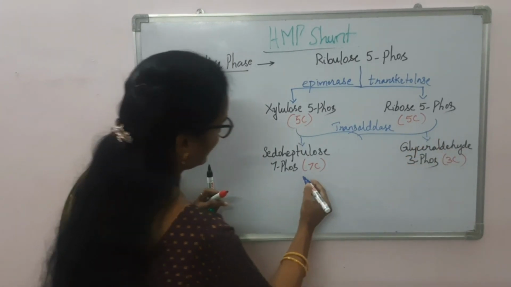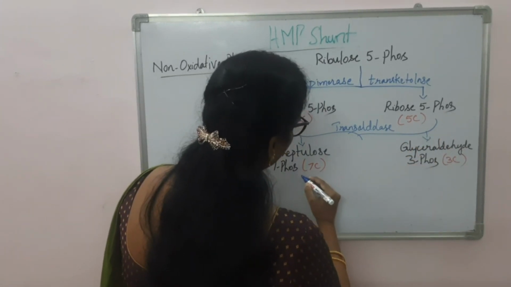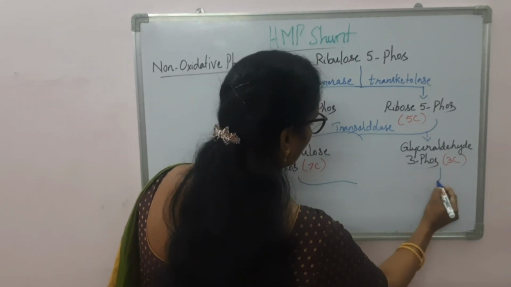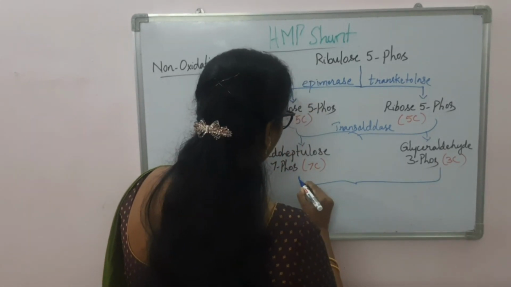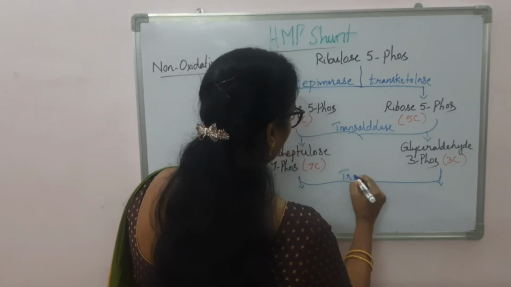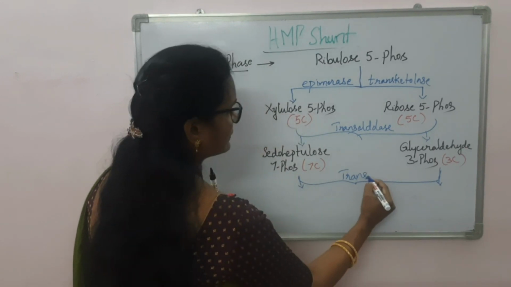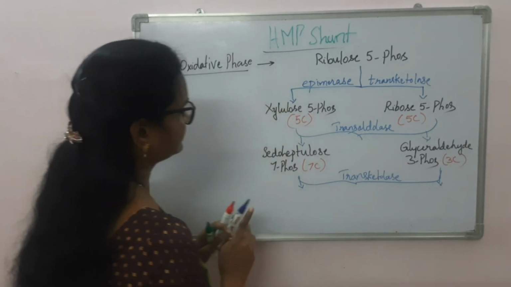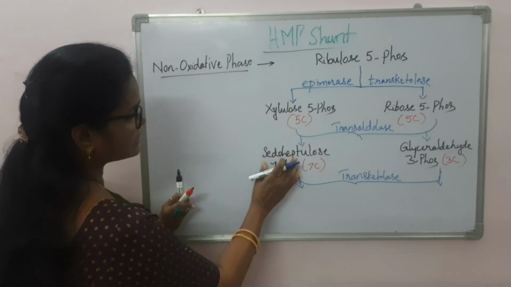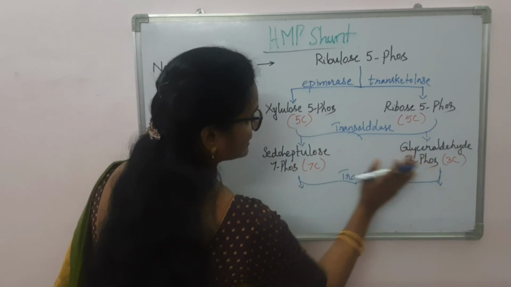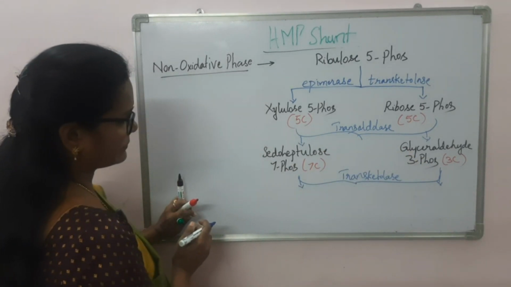Then transketolase acts on sedoheptulose 7-phosphate and transfers its 2-carbon moiety to glyceraldehyde 3-phosphate.